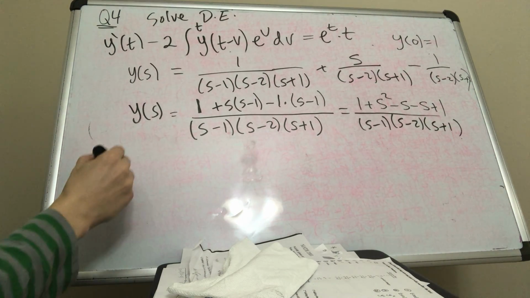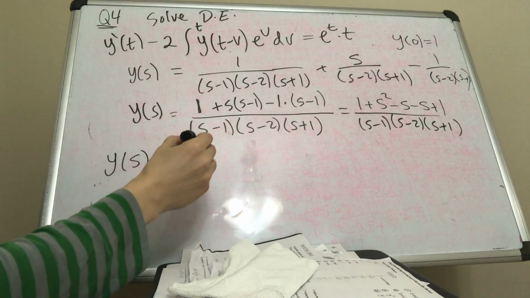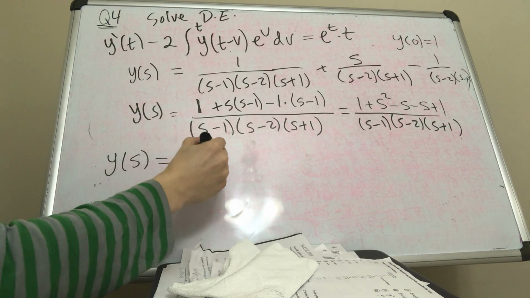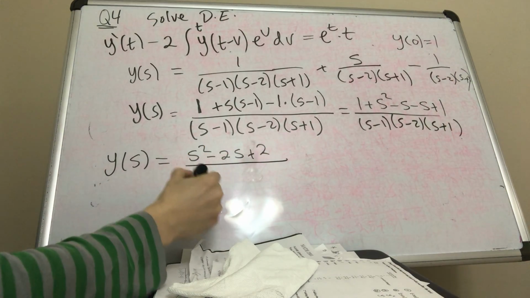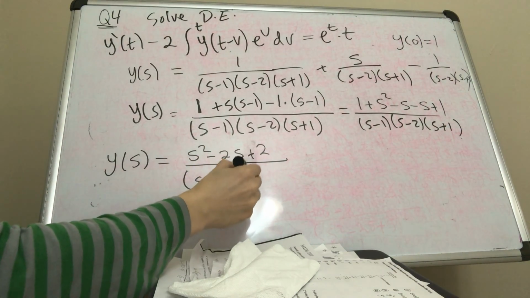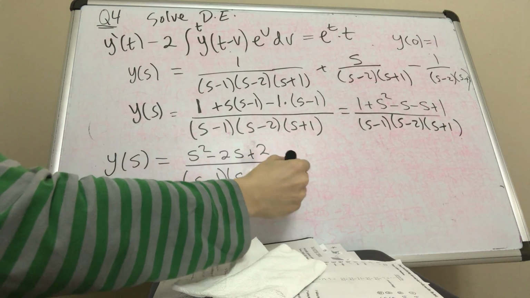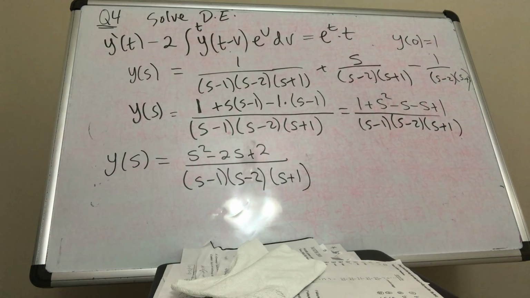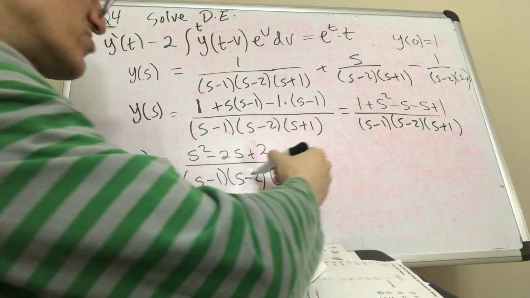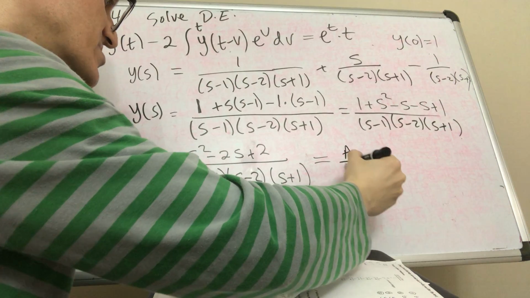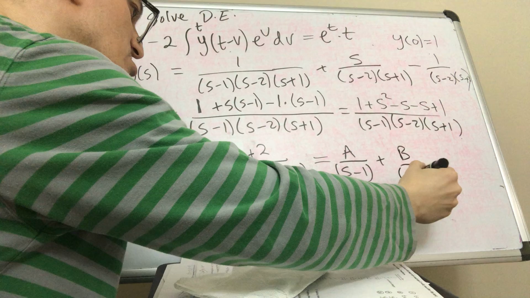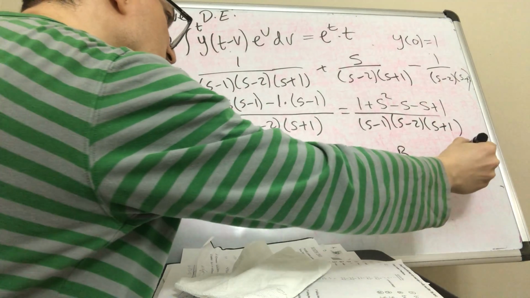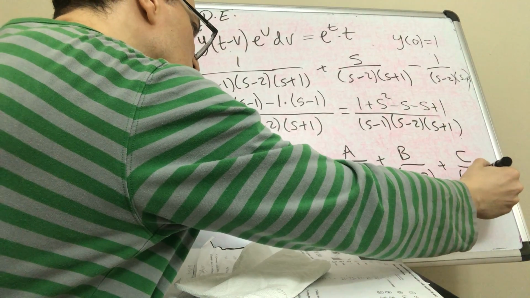The final result for this is s squared minus 2s plus 2 over s minus 1, s minus 2, s plus 1. We can do partial fractions now. A over the first one, B over the second one, and C over the last one.